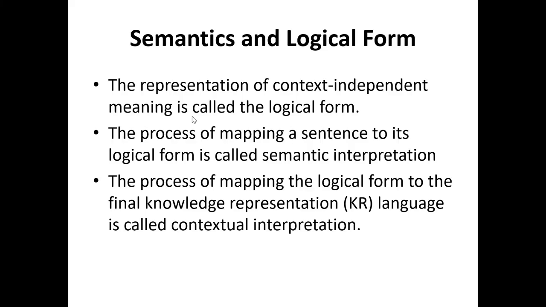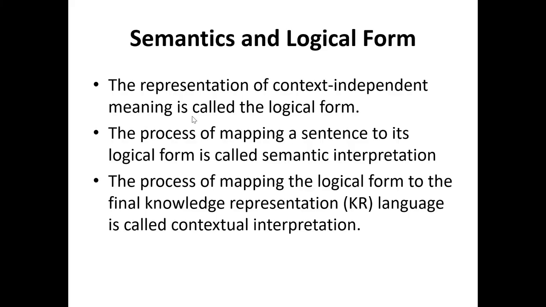Now, once we know all these things to be considered while removing semantic ambiguity, we should be able to represent the sentence in a context independent form, the representation of a context independent meaning, which is called the logical form of the sentence.